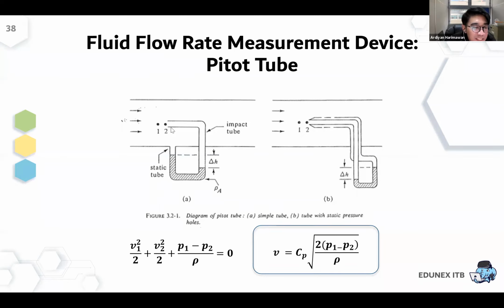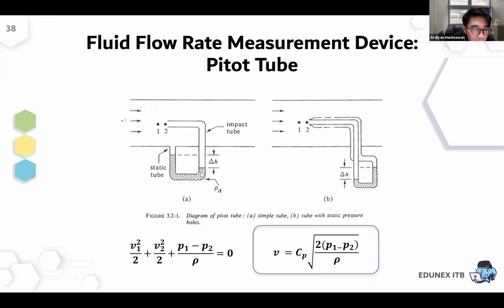Yeah, the question is what happens with the air inside the pitot tube? First you have air flowing freely, and then some of the air flows into the pitot tube, and the air in the pitot tube pressurizes the manometer fluid.